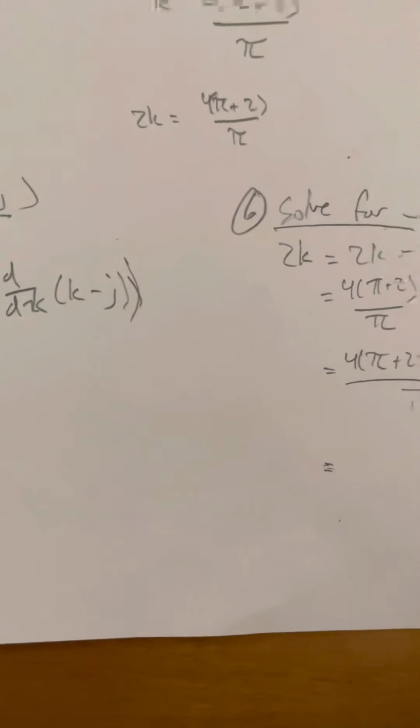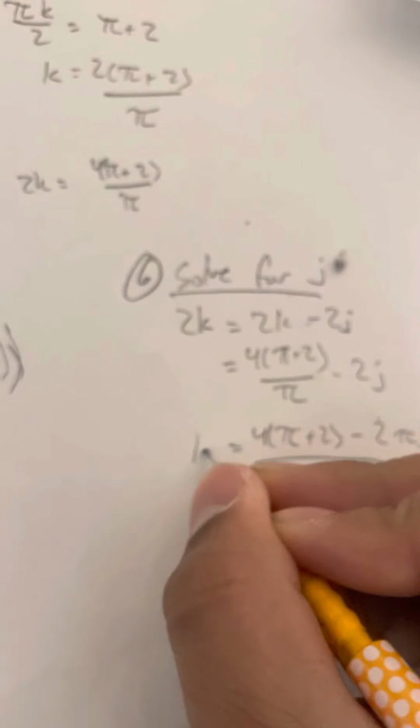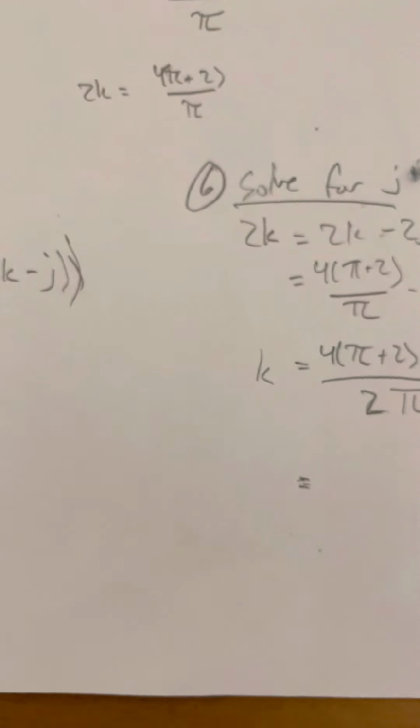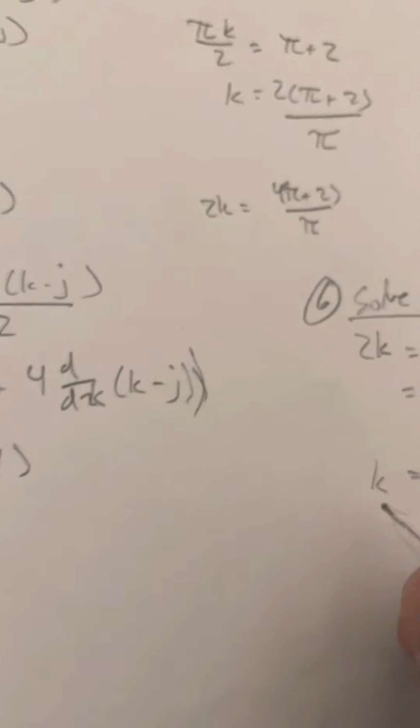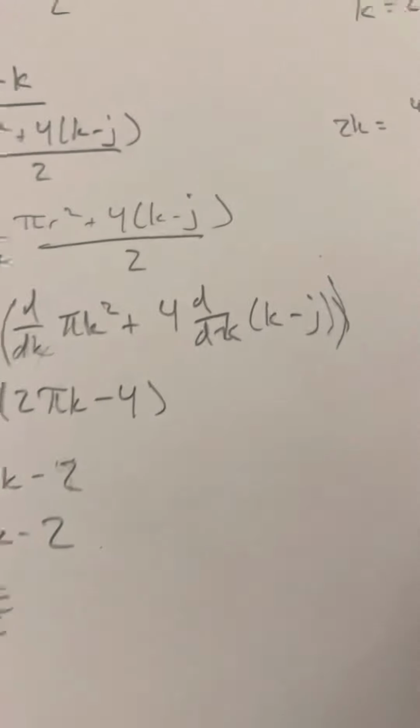Then we can say that k, in the same line, we can divide both sides by 2. So we can just say this. And now that we have k on its own, we can substitute it for 2 over pi.